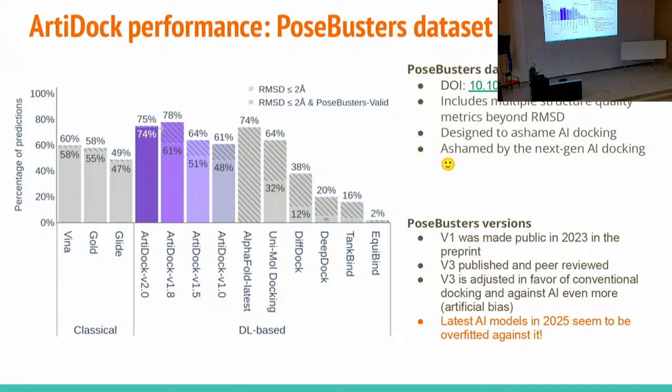Without post-processing, you get a very high RMSD value, but not as high chemical correctness. If you apply post-processing and physically move the atoms a little bit to minimize the clashes, you decrease the top one, but you increase the bottom one, and you make them converge together. This is the same as what conventional docking does, because conventional docking uses physics-based methods from the very beginning. Yeah.